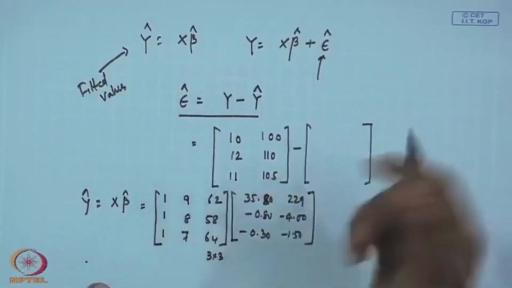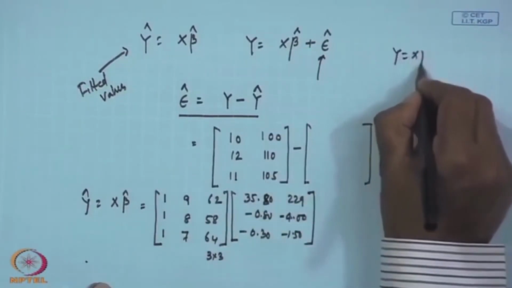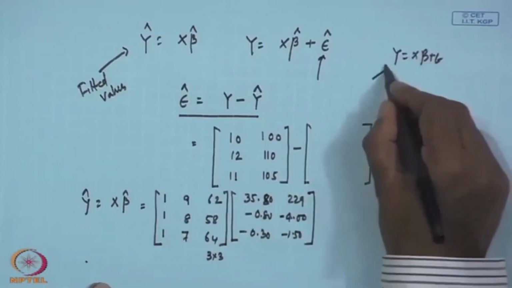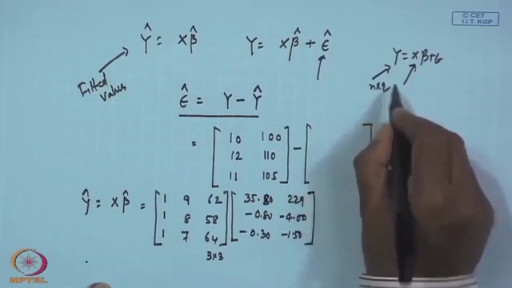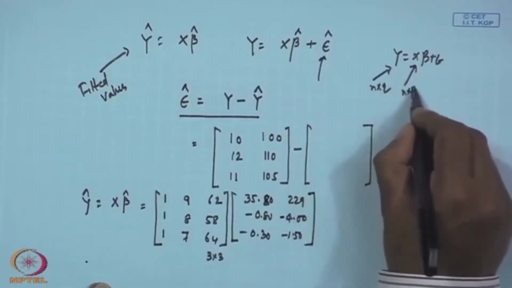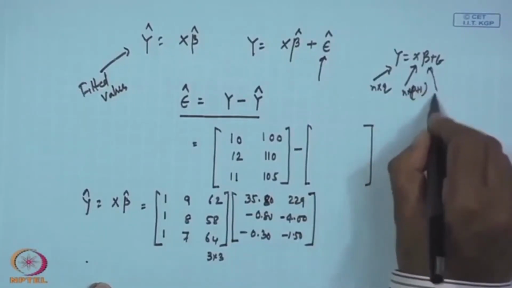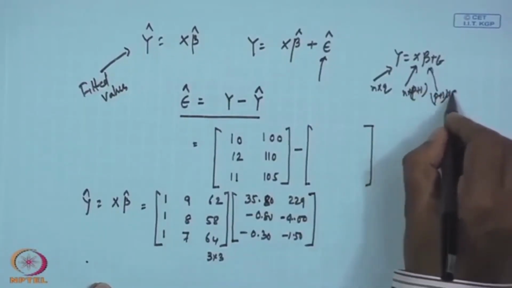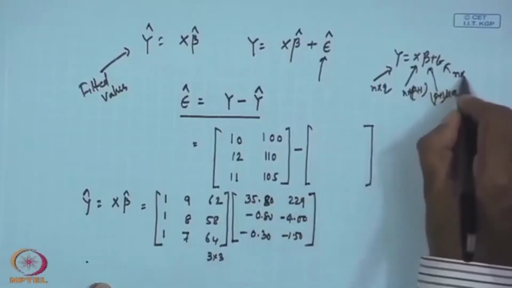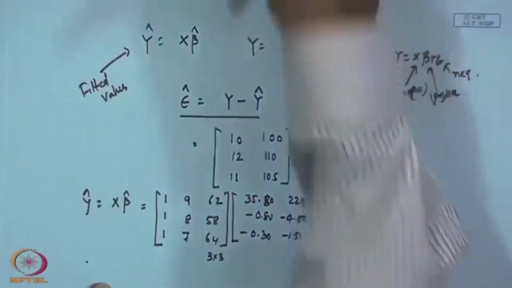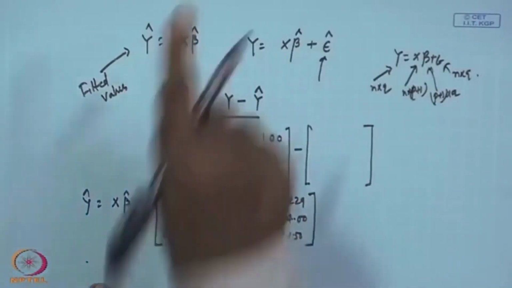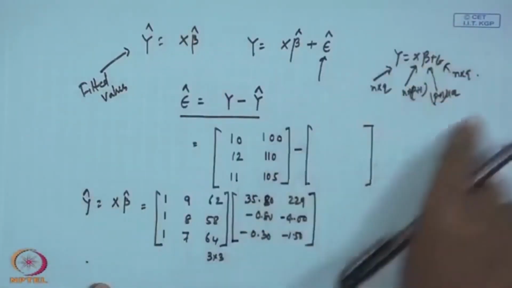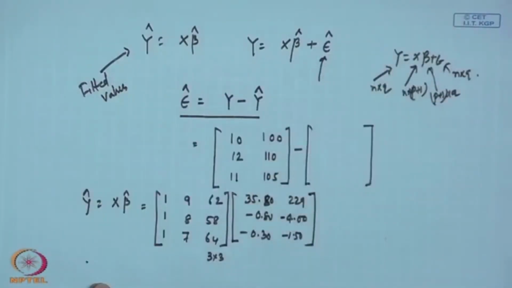When you have written y equal to x beta plus epsilon, please keep in mind we are writing in terms of the data matrix. So if it is n cross q, then it will be n cross p plus 1, then this one is p plus 1 cross q, and this will be n cross q. That is why in the earlier format we wrote not in terms of equations, variable only, but from the observation point of view. So this into this is also 3 cross 3.